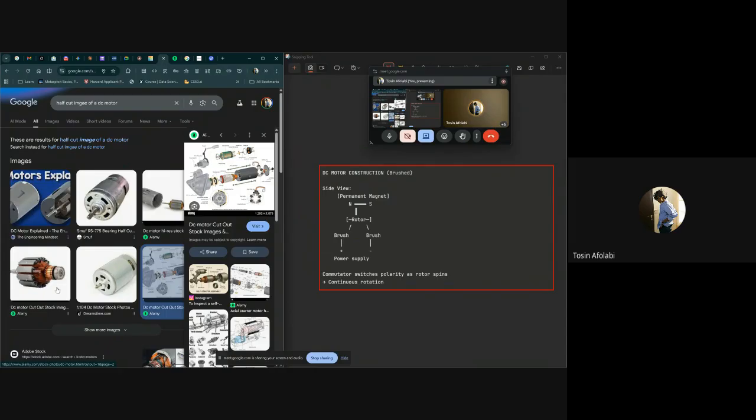Now, what I want to explain is why do we need an H bridge? For those that don't know, an H bridge is a kind of circuit that is created.